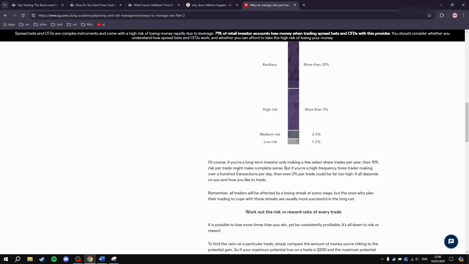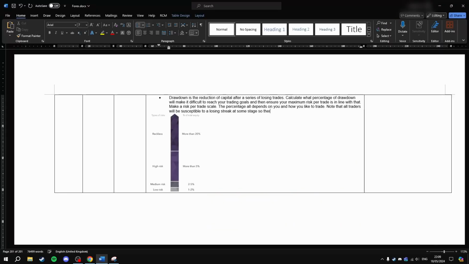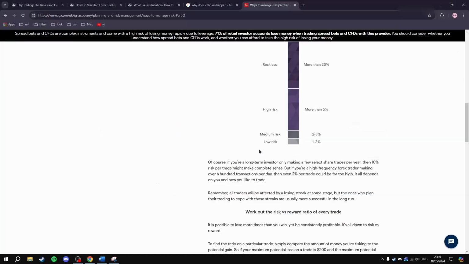But the ones who plan their trading to cope with those streaks are usually more successful in the long run. So therefore, plan to cope with those losing streaks.